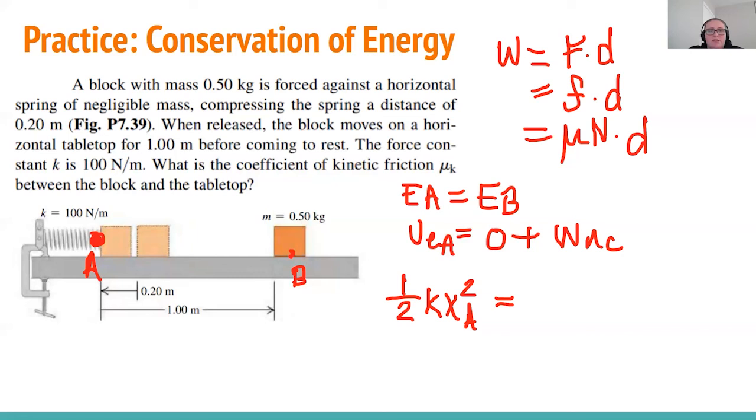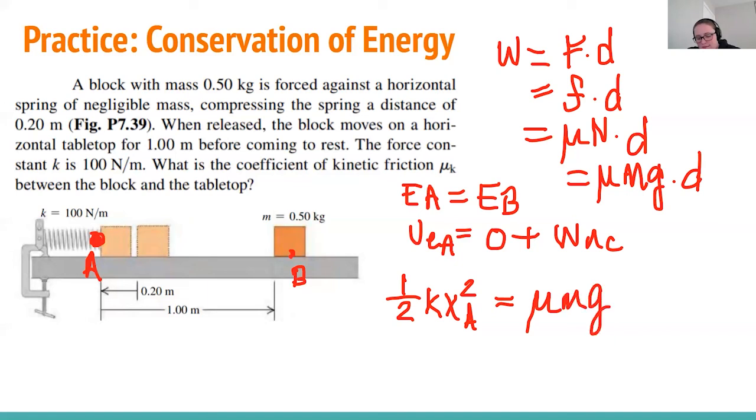On a flat surface, what is the normal force equal to? mg. On a ramp, it's different, but on a flat surface, friction equals mu times mg, times distance. So I can say that 1/2 kx squared at A, my elastic potential at A, is equal to the work done by friction, which is mu times mg times d.